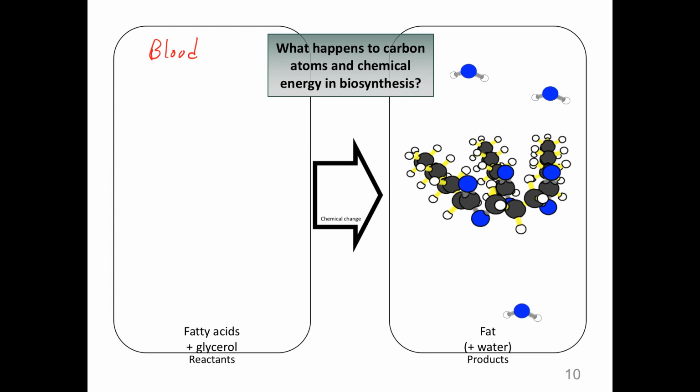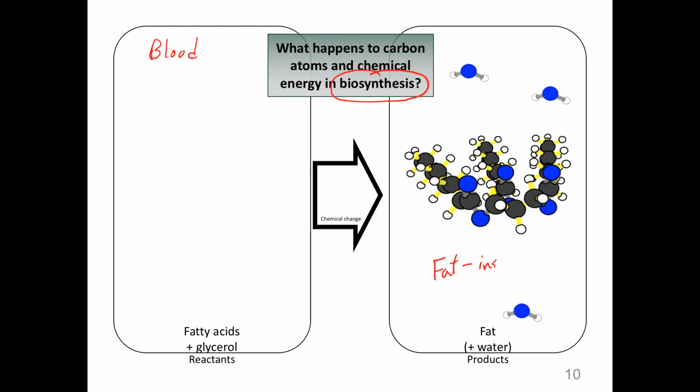Now, there's a fancy term for this. It's called dehydration synthesis, but really we're going to stick with what you just saw there. This is different than digestion. This is biosynthesis. And this is how you would get that stored fat in your body. Not always do we use fat for storage, but sometimes we use it for insulation and also for protection.